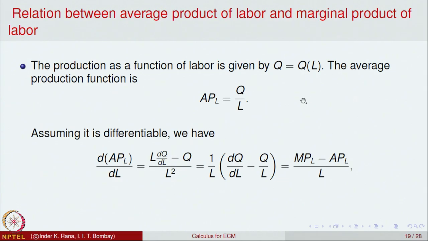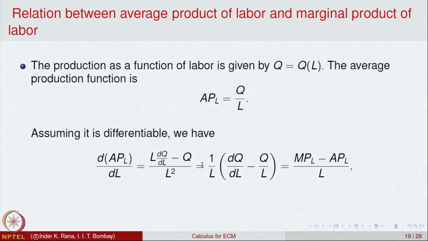So, if we analyze this, assuming everything is differentiable, the derivative of the average production as a function of L will be, by the quotient rule, L into derivative of Q minus Q into derivative of L, all over L square.